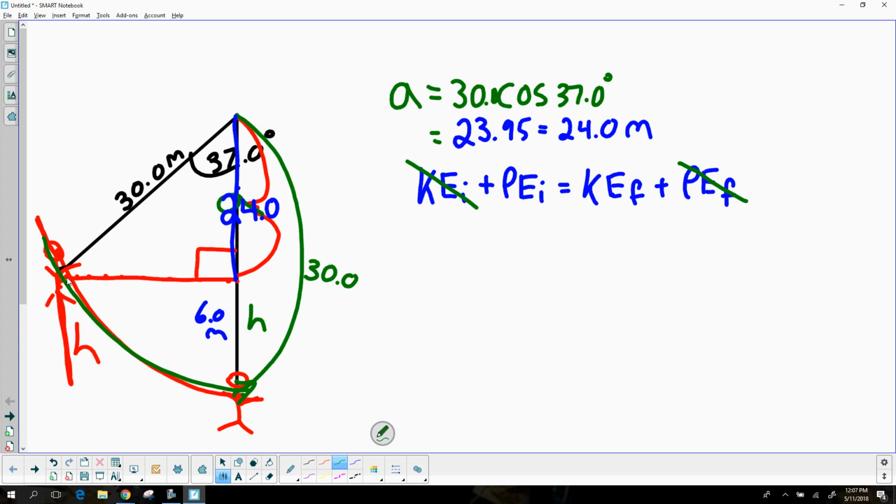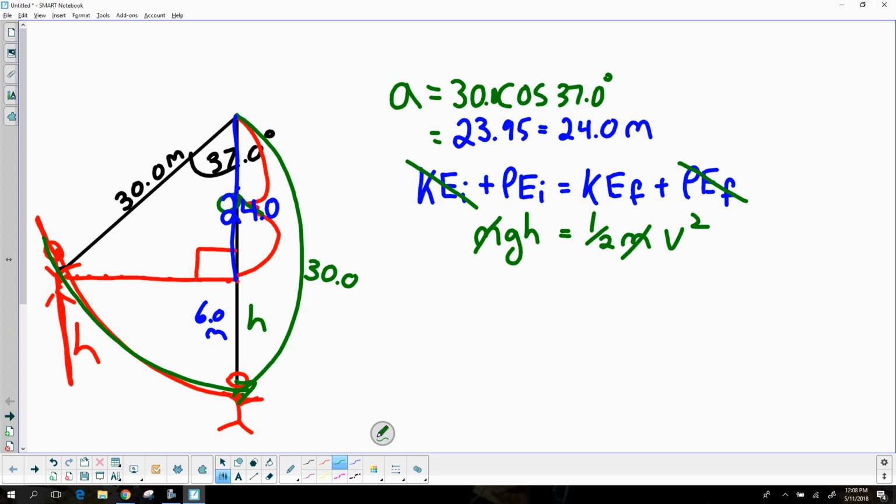So I'm going to spell this out here. mgh equals 1/2 mv squared. What cancels? Yep. Mass cancels.